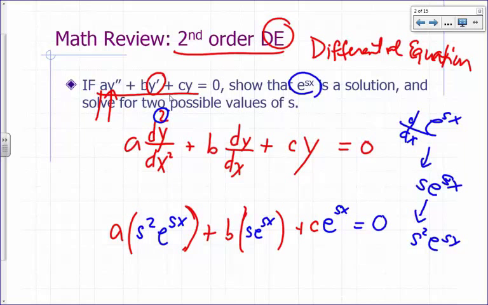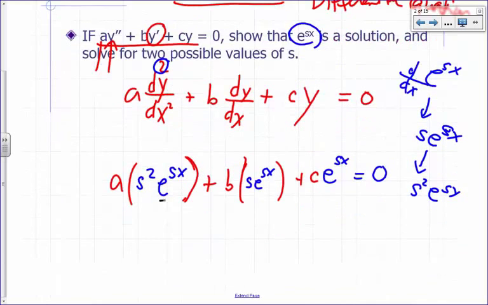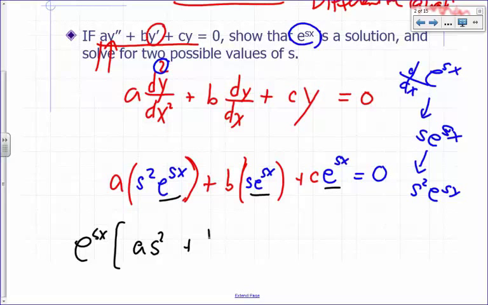Can I factor something out here? e to the sx, I can factor that out. e to the sx times (a s squared plus bs plus c) equals 0.